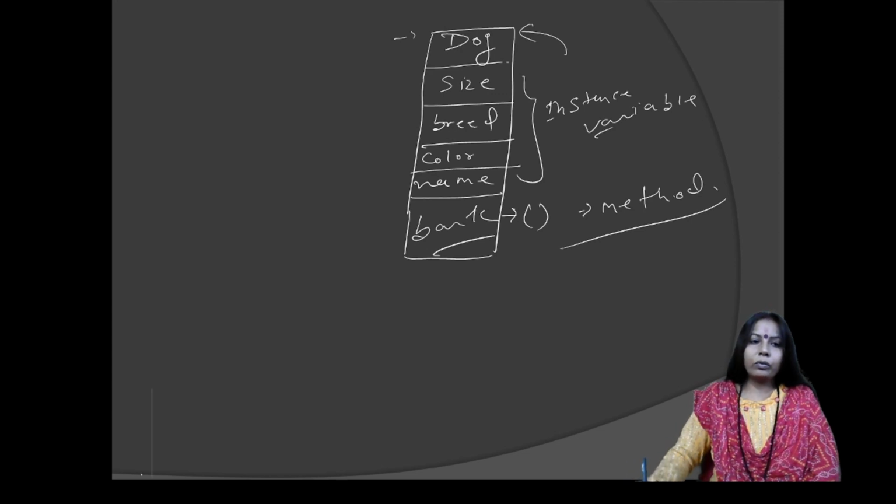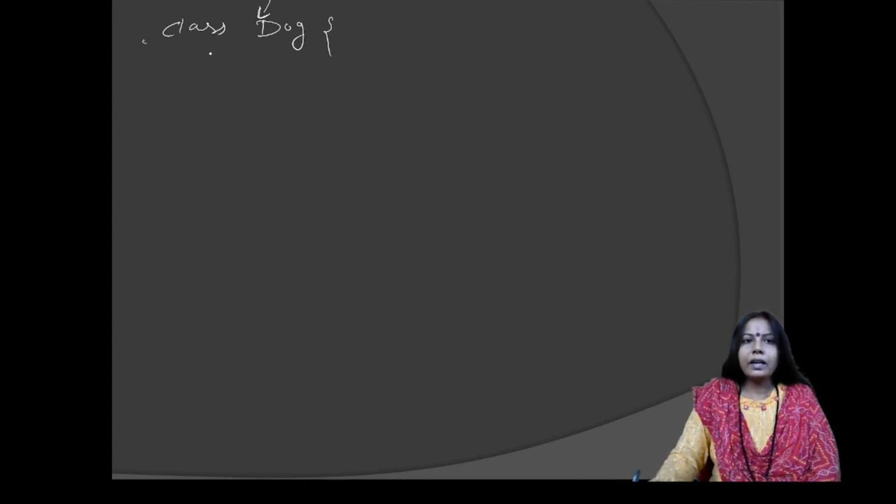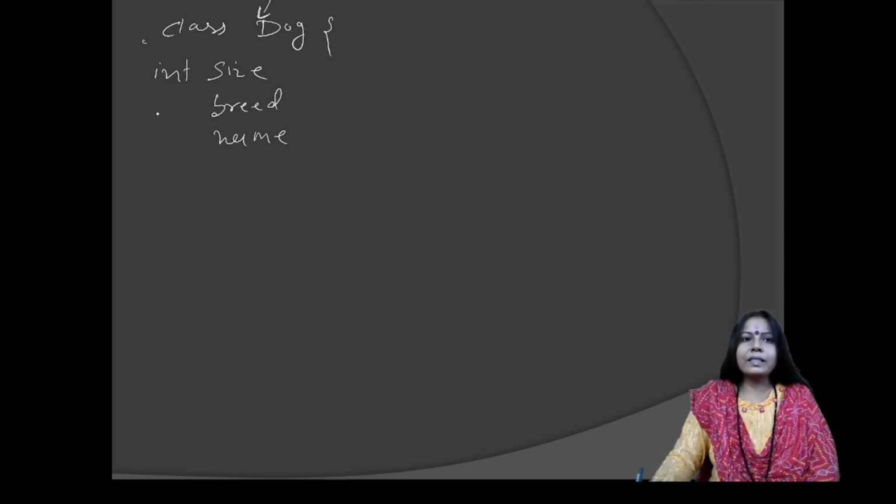Okay. So now notice over this. Suppose here you write class Dog type. The first initial letter should be capital. So inside this class, write like size, breed, name, etc. You may type here, and also declare here data type according to requirement, such as integer, string.